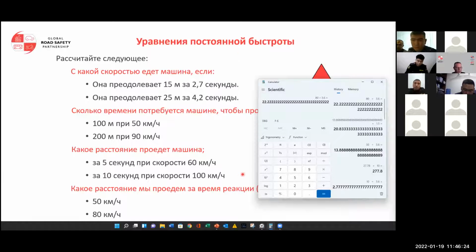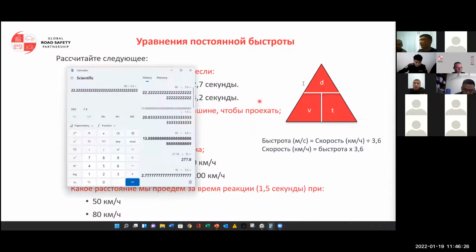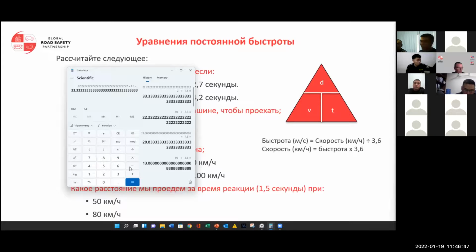We're doing the same equation as previously. We're trying to find distance d. The equation is velocity multiplied by time. So velocity 22.22, time 1.5. 22.22 times 1.5, 33.3 meters.